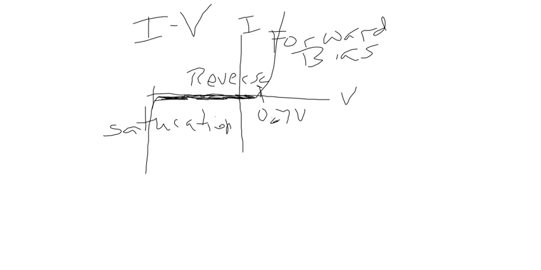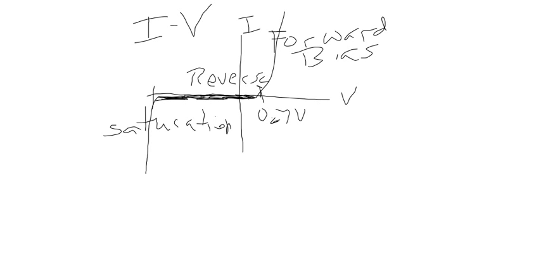Now, generally with rectifier diodes, we want to avoid saturation. We want diodes that have a big enough saturation voltage, or can go far enough in reverse without going into saturation, that we'll never get there.